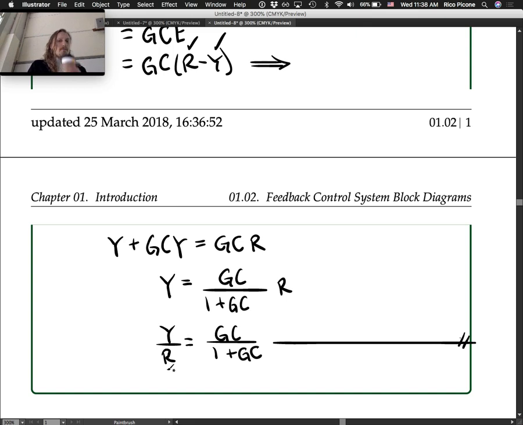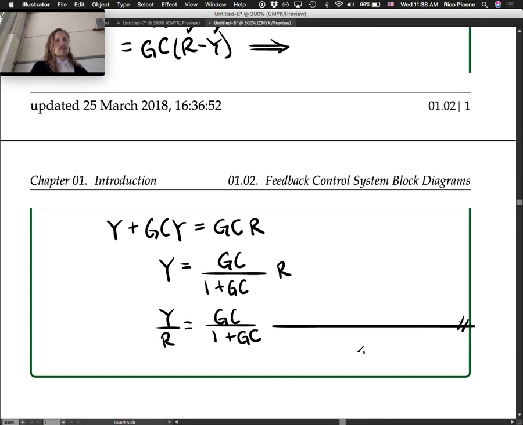Is there a reason why this looks very similar to one of the standard forms of the transfer functions from earlier in chapter 6 or lecture 6, from systems? Or is that just kind of a coincidence? I think it's a coincidence. It's not a coincidence in that the transfer function is always the output over the input.